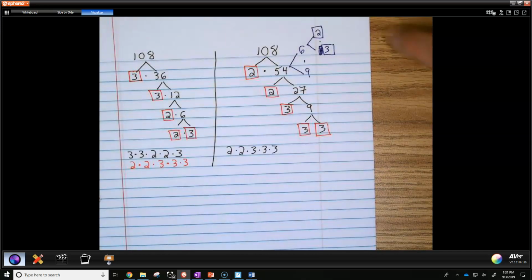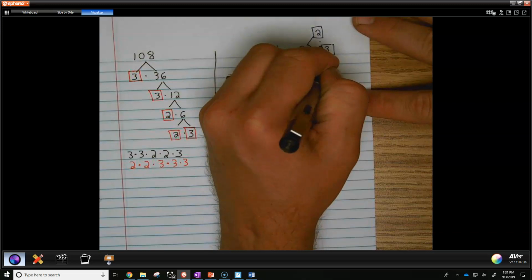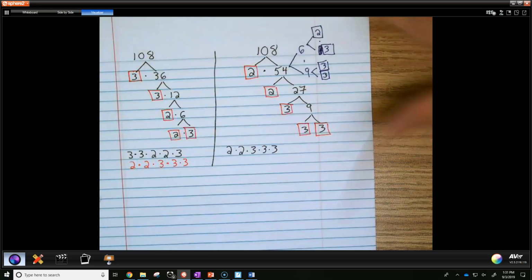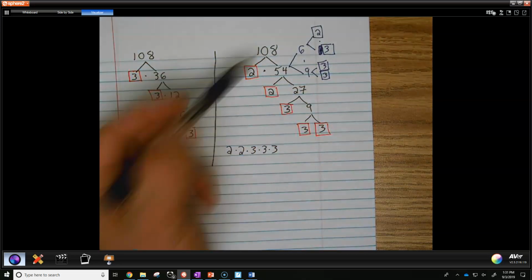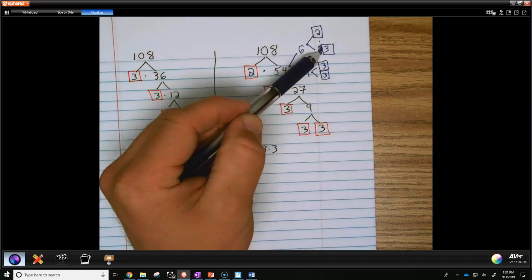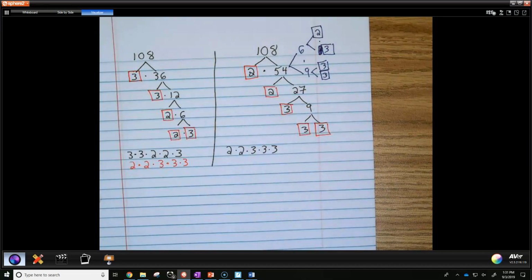The number 9 is composite, so I would have made it 3 times 3. And those are prime numbers. If we look at what we have left, we would have done 2 times 2 times 3 times 3 times 3. We would have got the same answer.